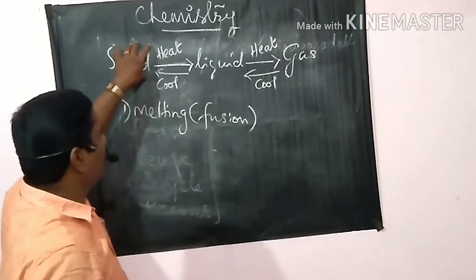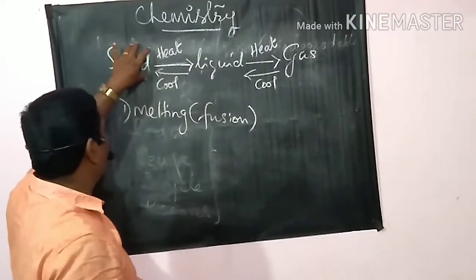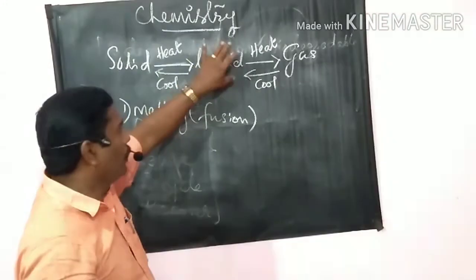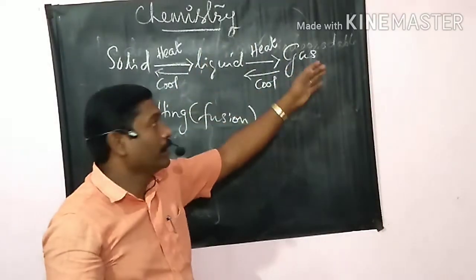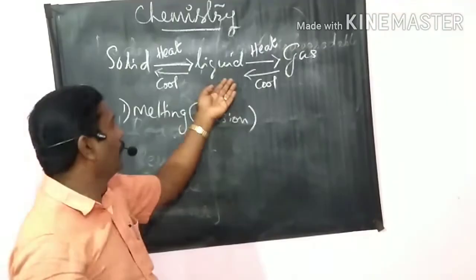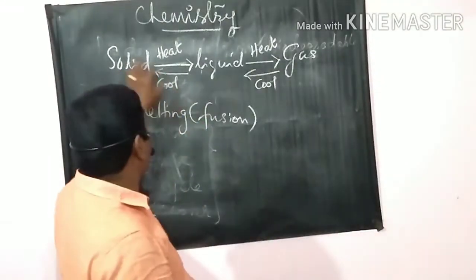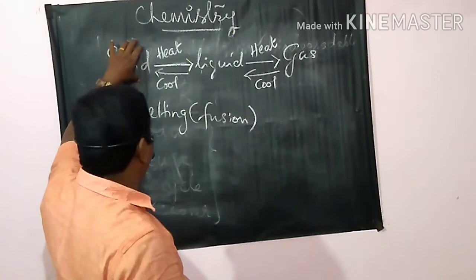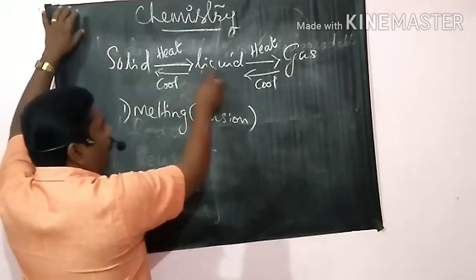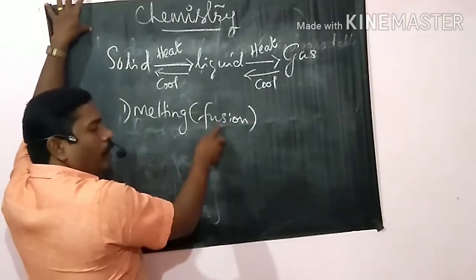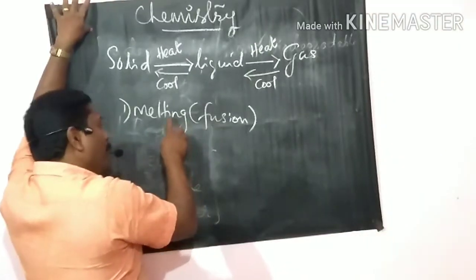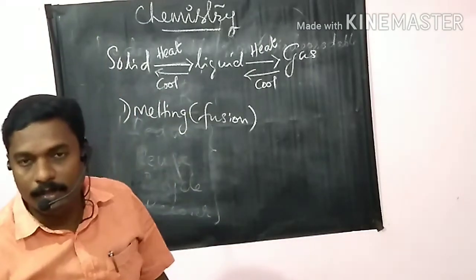Solid can be converted to liquid, liquid to gas, gas to liquid, and liquid to solid. It's a cycle. Here, solid converts to liquid by a process called fusion or melting.